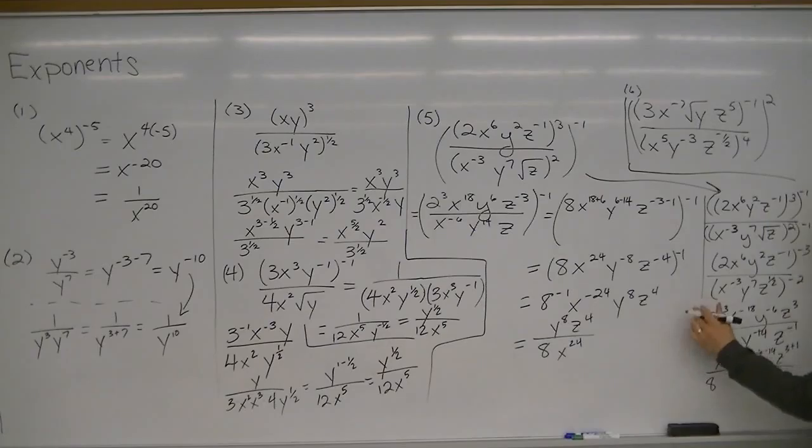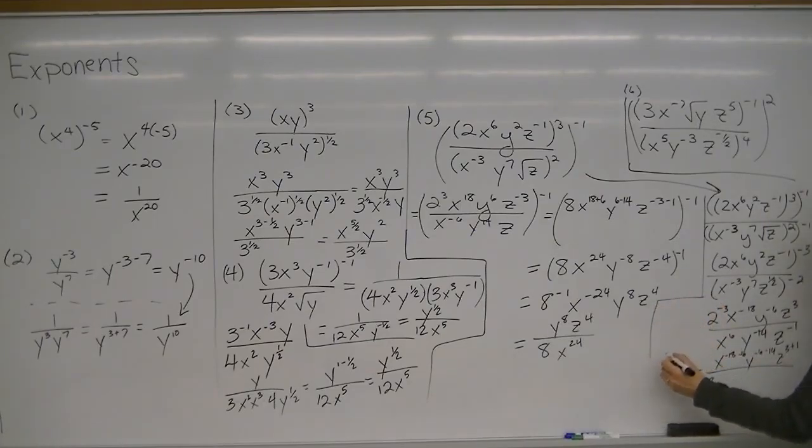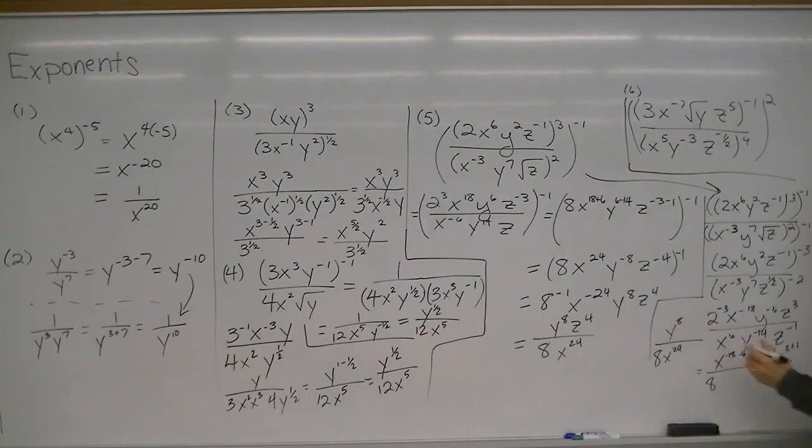So what we get, coming back over here, is 8, and then negative 18 minus 6 is going to be negative 24, so I'll bring that down as x to the 24th. Minus 6 minus 14, this should be minus negative 14, so plus 14, gives us a y to the 8th on top, and then we get a z to the 4th on top.